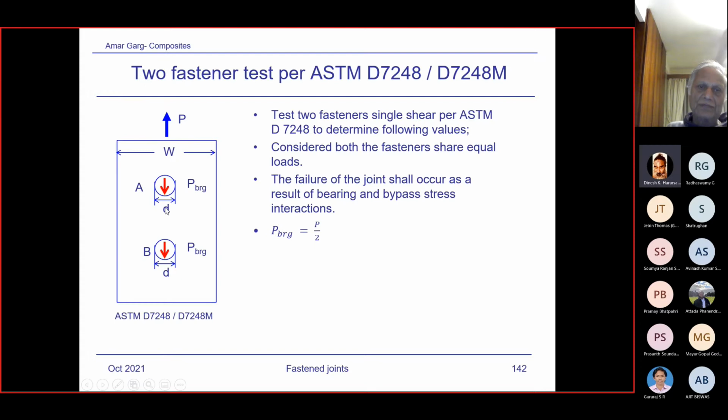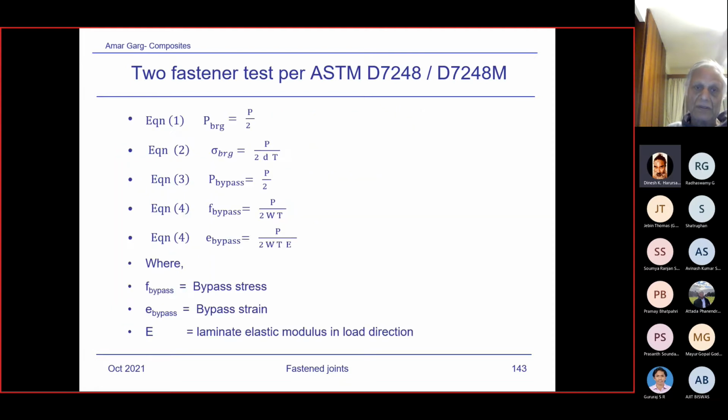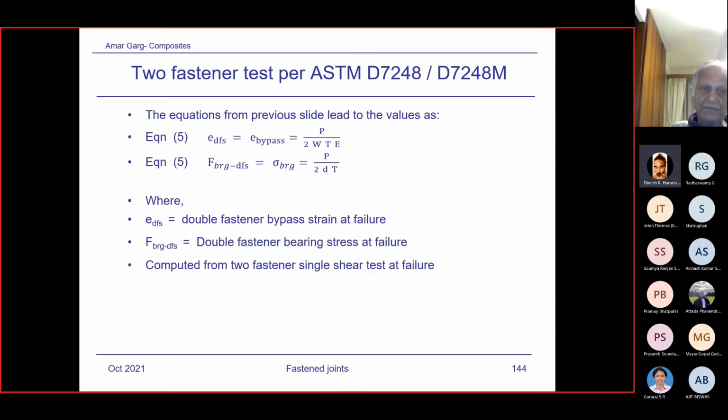So this is the test. Now what happens in this one when you are testing in 2 fasteners? You are getting the bearing, you are getting a bypass also here automatically. In single fastener, you don't get that. And I won't go into the details of this. This is just a test data here.